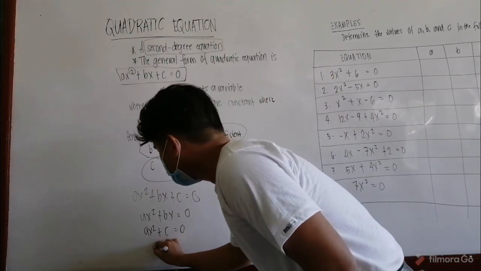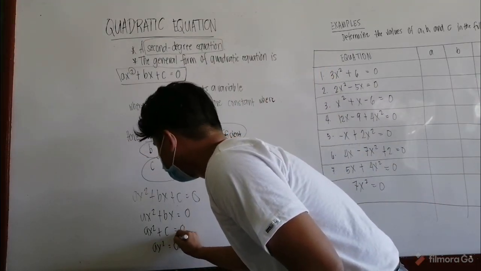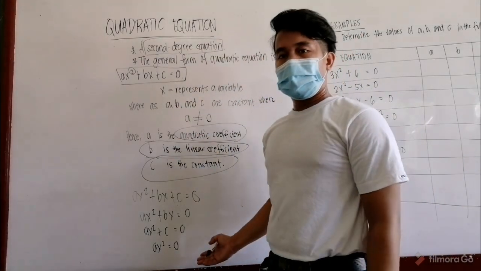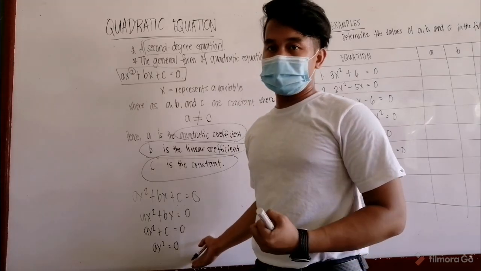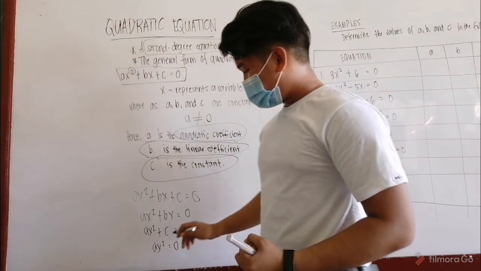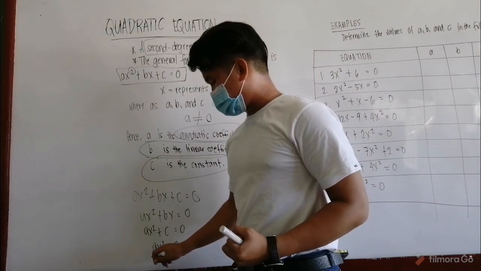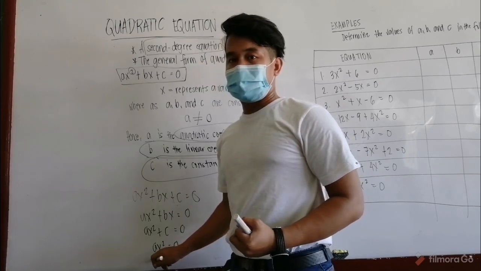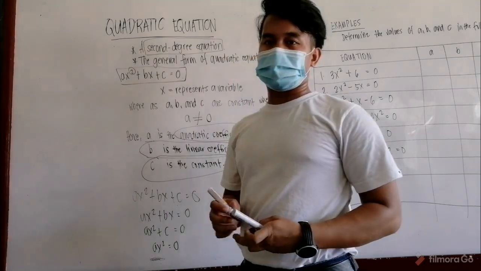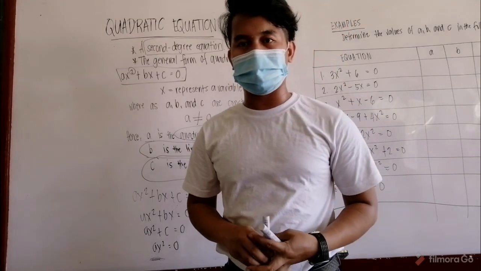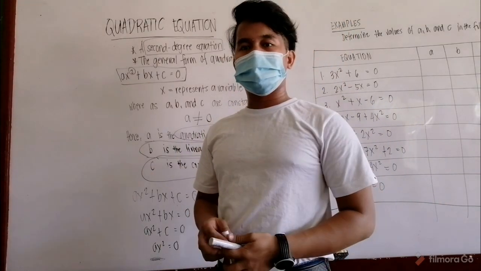Also, we have ax squared equals 0, wherein ang wala sa atin dito ay yung b and yung c. As you can see, hindi dapat mawawala yung a doon sa ating equation because yung ax squared natin yung nagsasabi na ang ating equation is a quadratic equation.